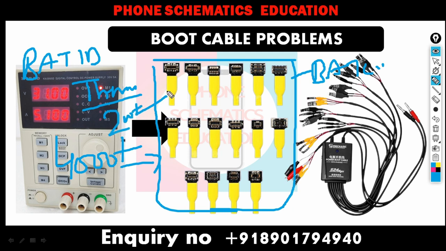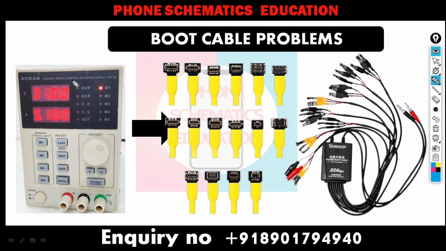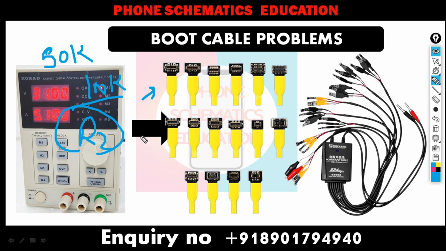Suppose through this connector you try to boot up any phone from a different company, it won't boot every phone, because every phone has a different circuit. For example, take any company with different models: on the ID line or thermal line, if one model uses, let's say, a 50K resistor and another uses 100K, there is a difference, because the R2 in the battery's divider circuit gives a different output.